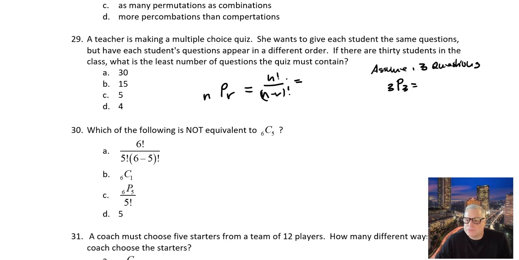So now we would say, okay, this is 3 times 2 times 1 over 0 factorial, and 0 factorial is always 1. 0 factorial equals 1. So now if she had 3 questions and she wants to select 3 of them and order them differently, there are 6 ways to create a different exam.